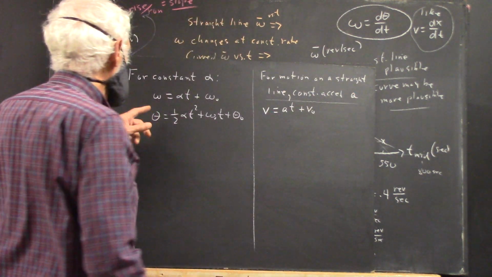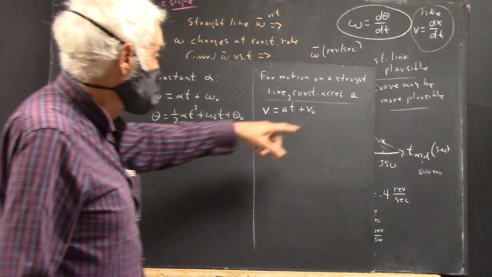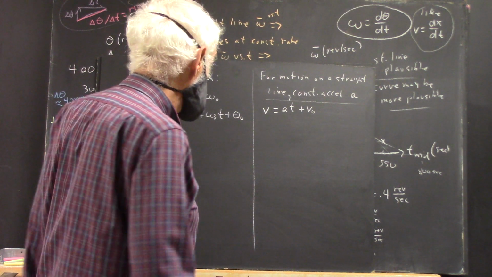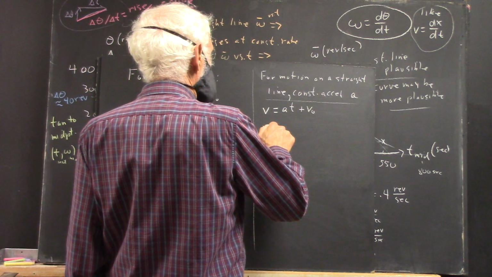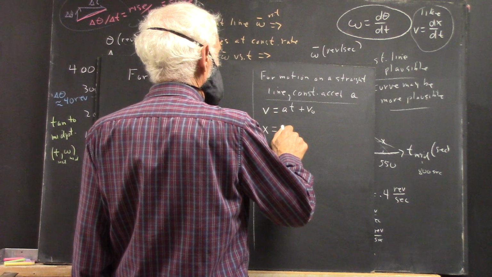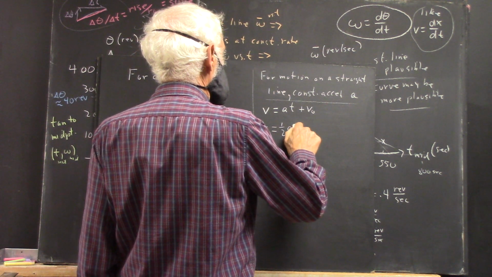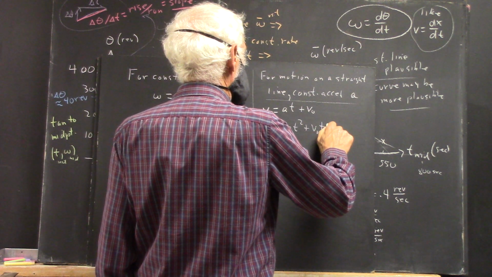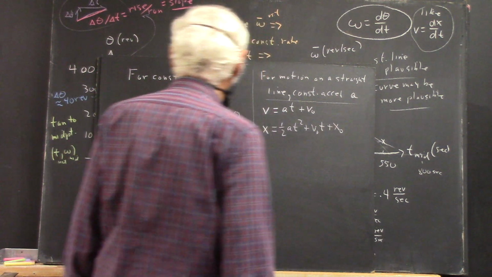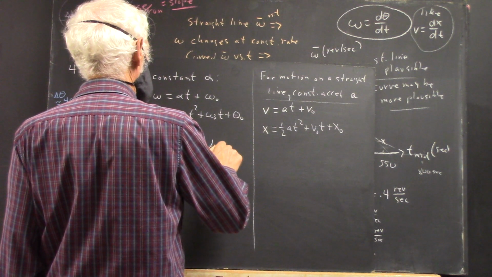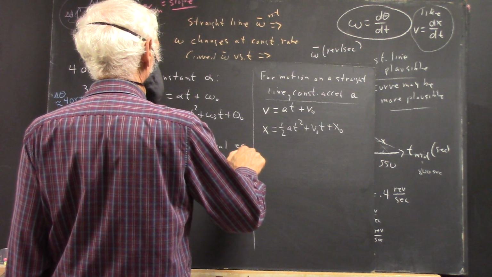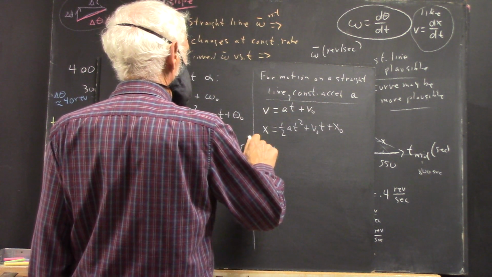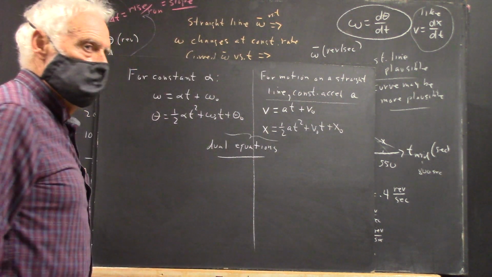We use a instead of alpha for the acceleration, but it's the rate of change of velocity. Okay? And velocity is the rate of change of position. These are dual equations.